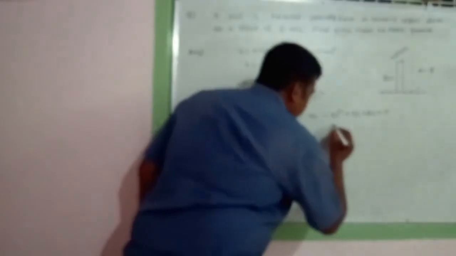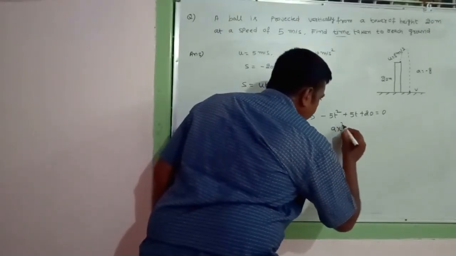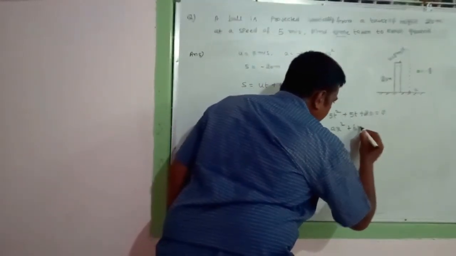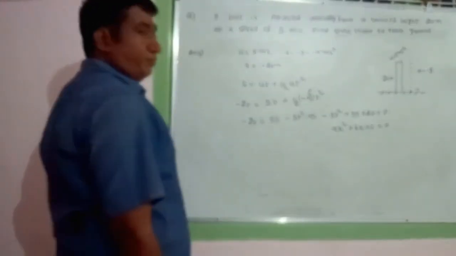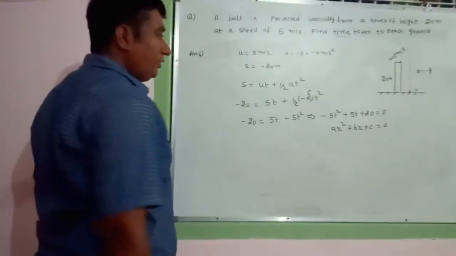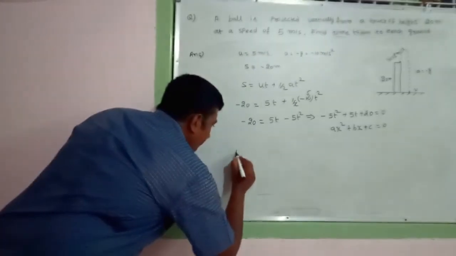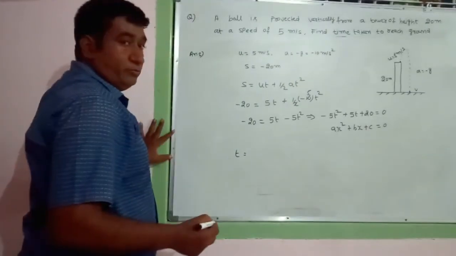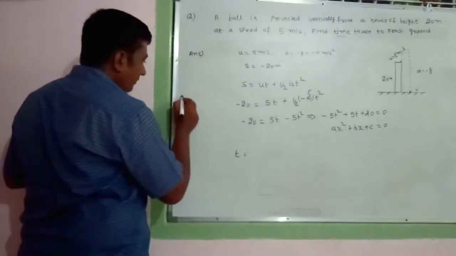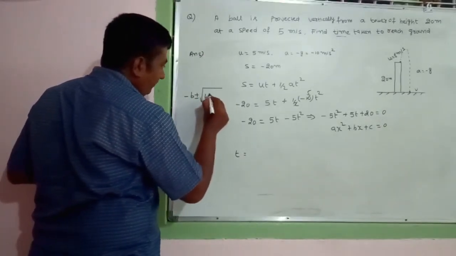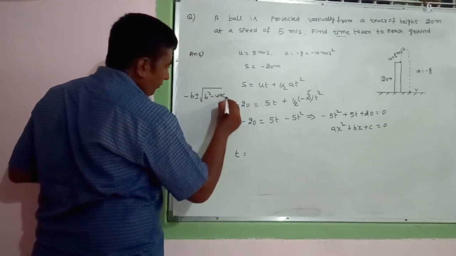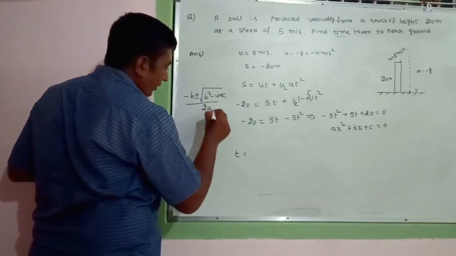This equation is similar to ax square plus bx plus c equals 0. Here we have to find the time period. The time is t equals, as we said in the previous class, minus b plus or minus root of b square minus 4ac, by 2a.